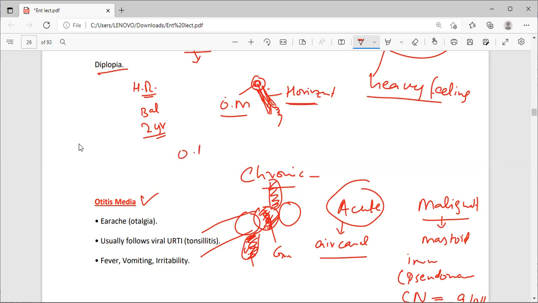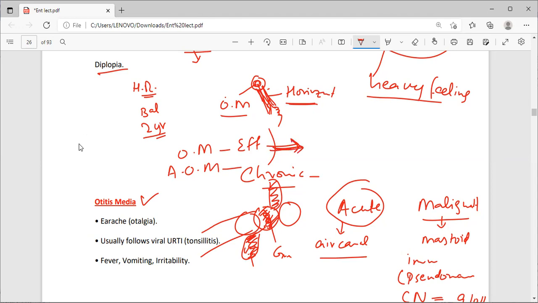Now, mostly there are two things: one is otitis media with effusion, one is simple acute otitis media. I'm just trying to concentrate on their similarities.